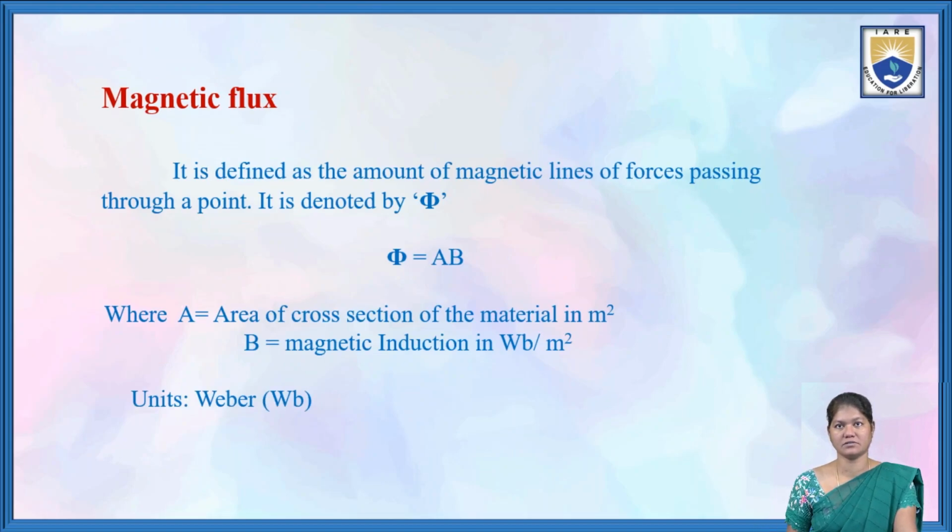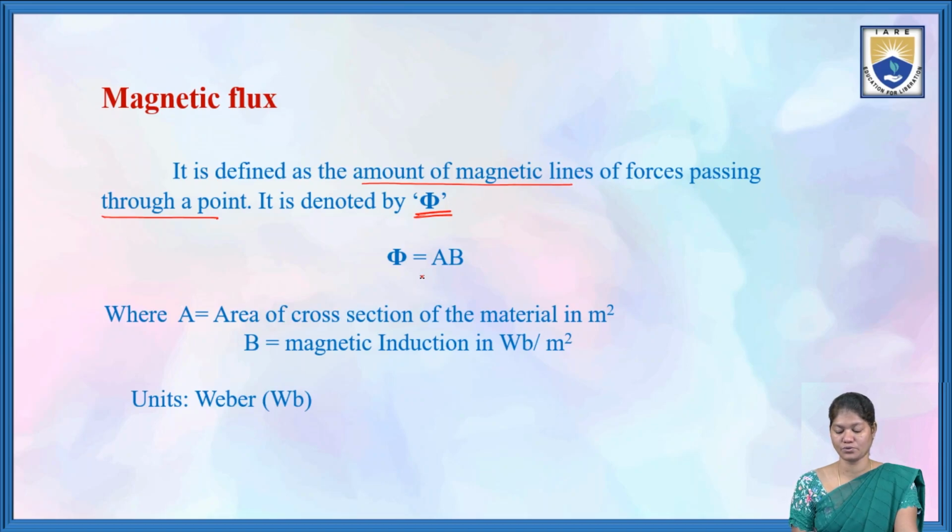Magnetic flux is defined as the amount of magnetic lines of force passing through a point. It is denoted by phi.